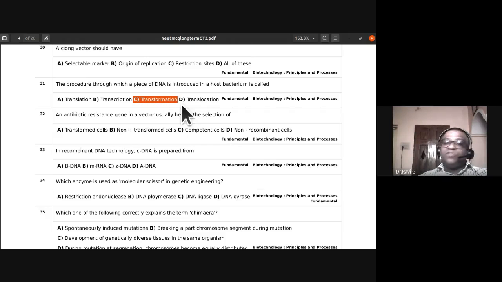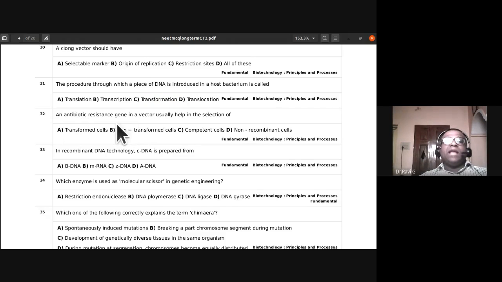One method is transformation, where the avirulent is transformed into virulent. Here, introduction of a piece of alien DNA or foreign DNA or recombinant DNA into host bacterium is called transformation. And what is this bacteria which has received this piece of DNA called as? Transformed cell. Okay, so a process we define as transformation. So this is the definition for transformation.